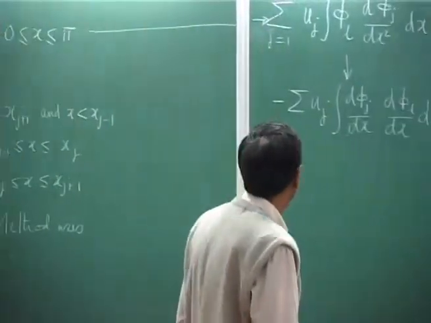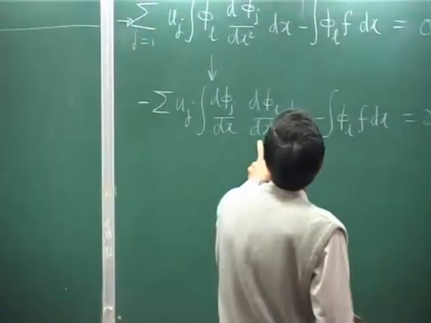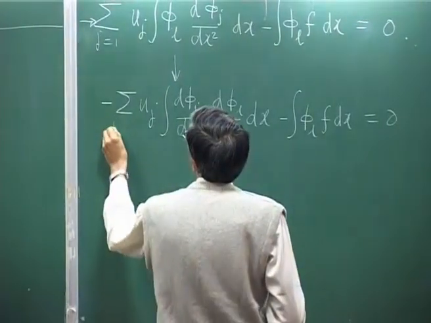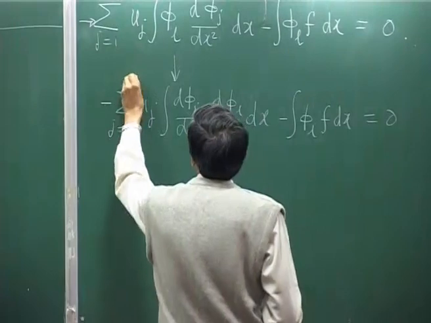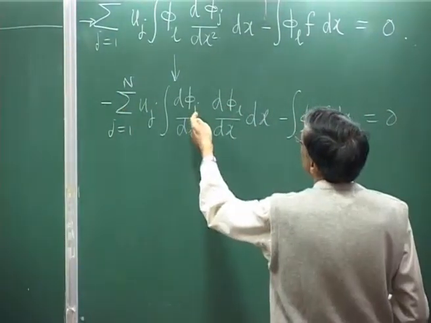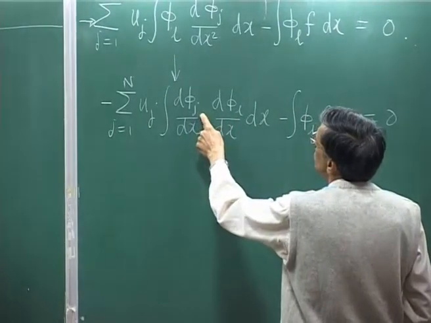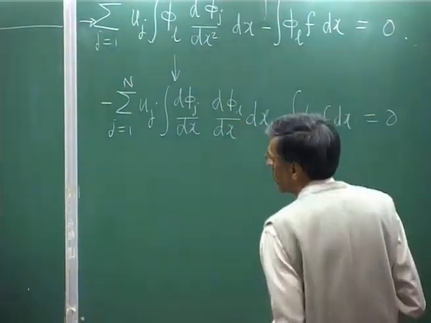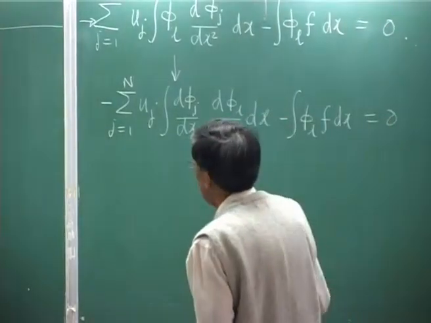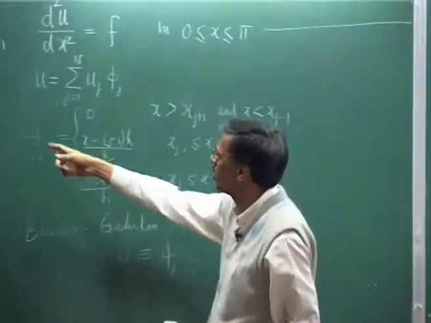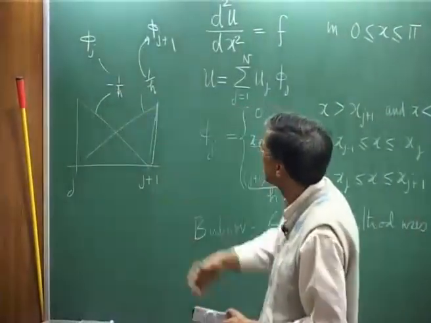And then we substitute it in here, and then we will see that this j goes from 1 to n, but you will find the contribution will come from j equal to L minus 1, L and L plus 1, and using this derivative information, as we have noted here, the derivatives are given like this.